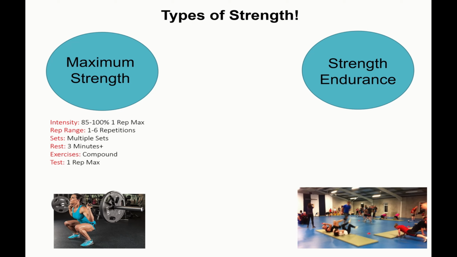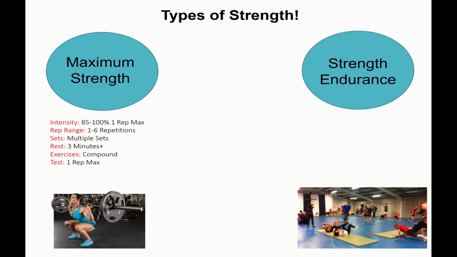So if we look closely first at maximal strength, we've identified here some of the training variables and what we must train within those variables in order to get an improvement in maximal strength. So the first one is intensity, and intensity, when it comes to the gym environment, any training program that you'll look at should have a 1 rep max percentage in which to gauge your intensity.